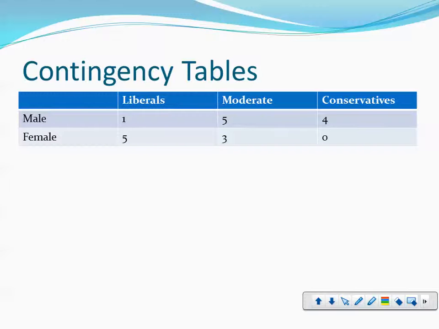So, contingency tables. This is our data here from what we did earlier. This is the political makeup of our classroom. Typically we have more moderates than this. This is the first year I've had a class that's been so divided.